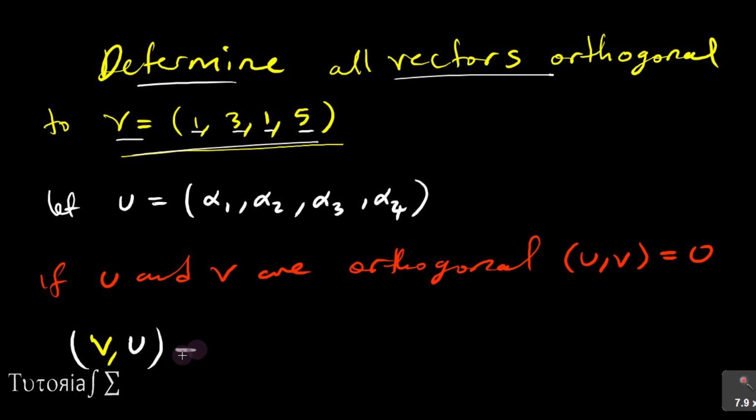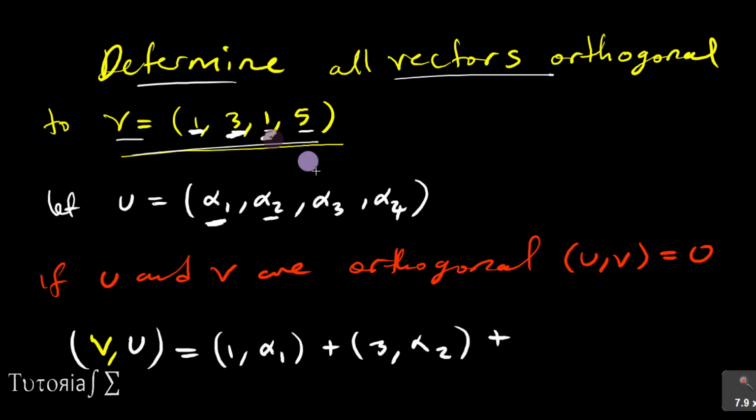It will be equal to, so remember how we find the dot product. We multiply the corresponding entries. So 1 times alpha 1, plus this times that, that is 3 times alpha 2, plus this and that, that is 1 times alpha 3, plus this and that, that is 5 times alpha 4.